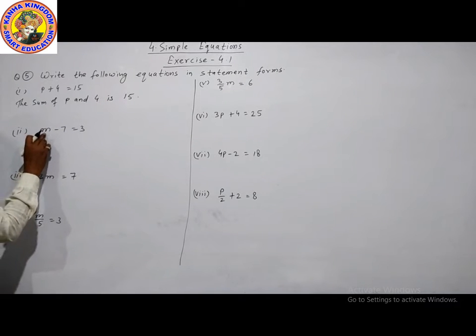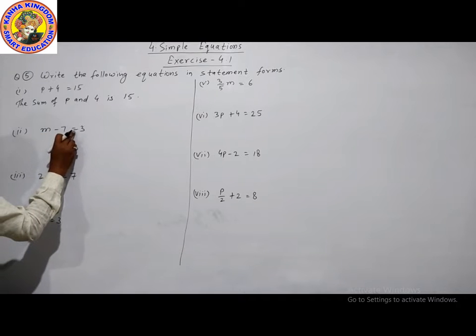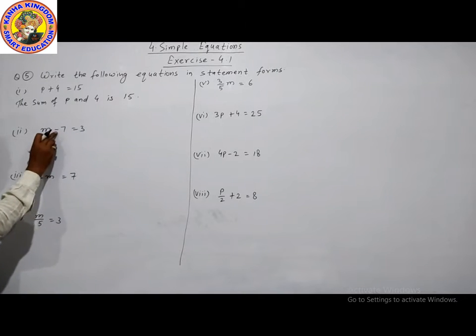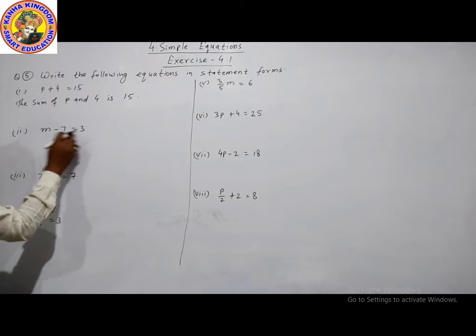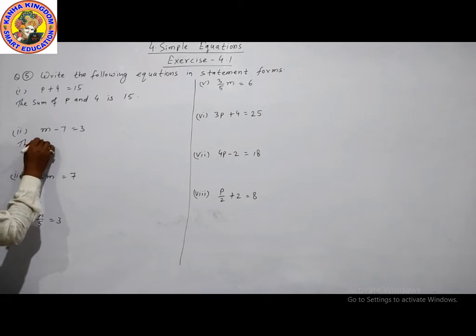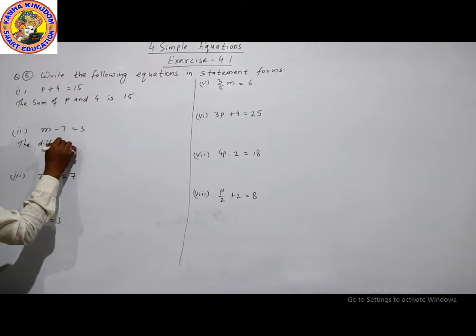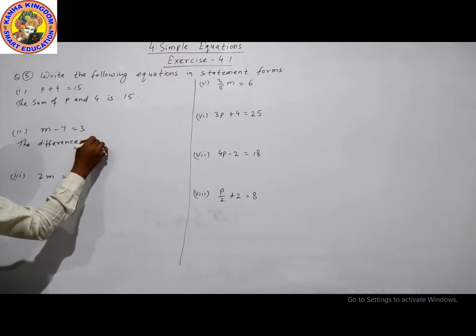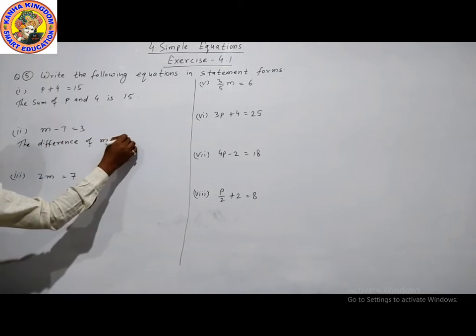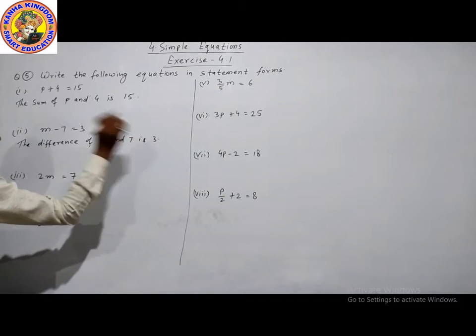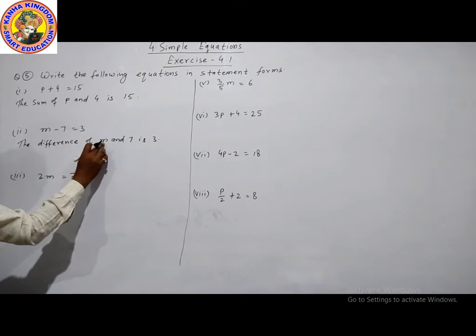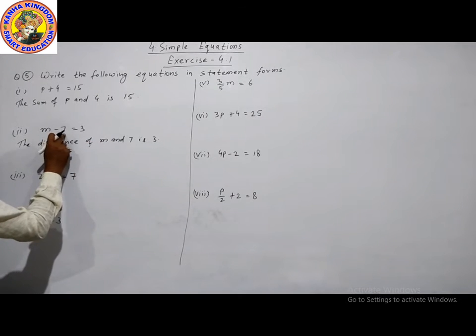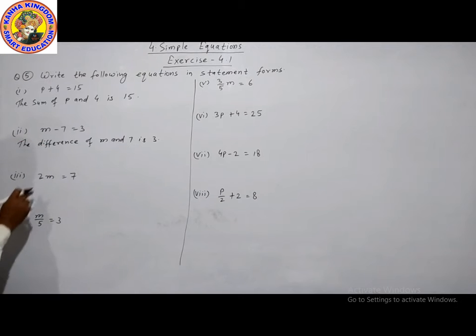The next one is m minus 7 equal to 3. Minus means difference, subtract. Difference of m and 7 is 3. The difference means minus, so of m and 7, m minus 7 is equal to 3.